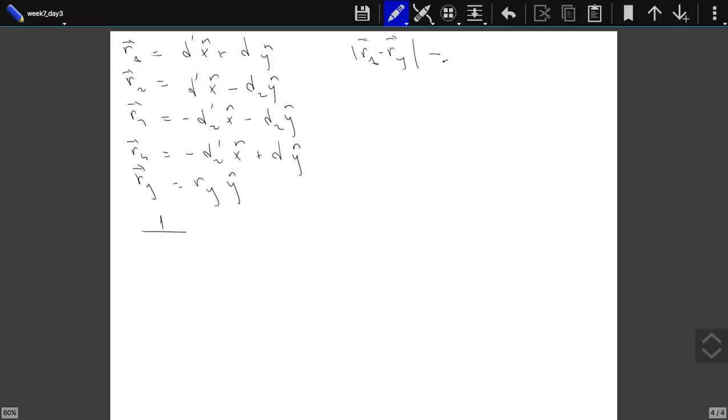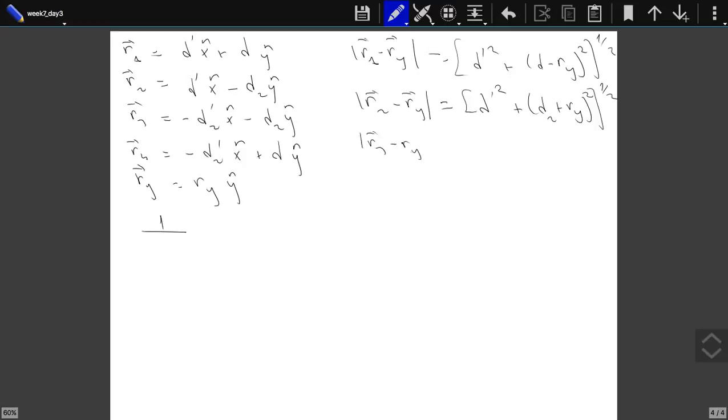Distance is equal to square root of d prime squared plus d minus ry squared. r2 minus ry, square root of d prime squared plus d2 plus ry squared, and r3 minus ry and r4 minus ry.